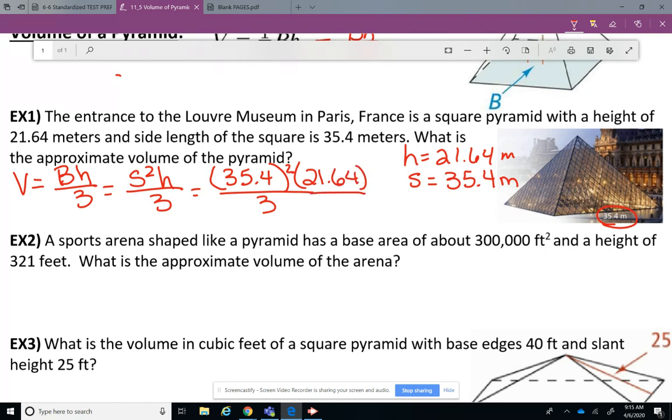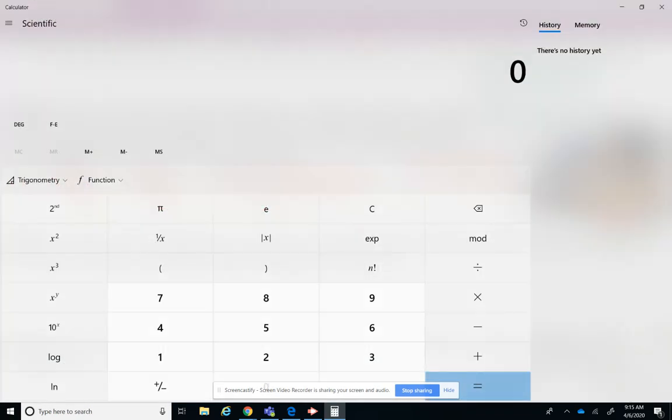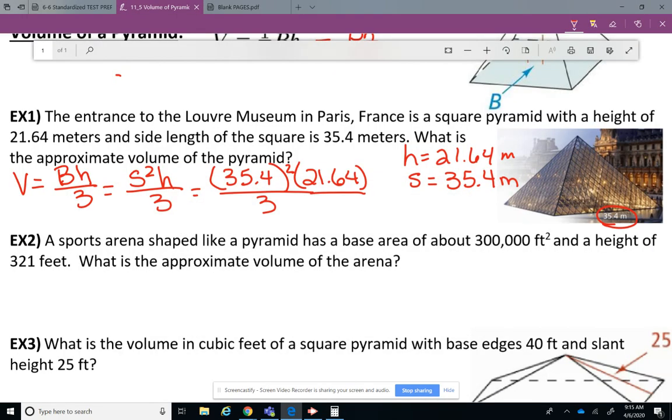All right, so first we're going to do 35.4 squared. I'm going to pull up my calculator. 35.4, and I'm going to use the squared button. So that's 1,253.16.